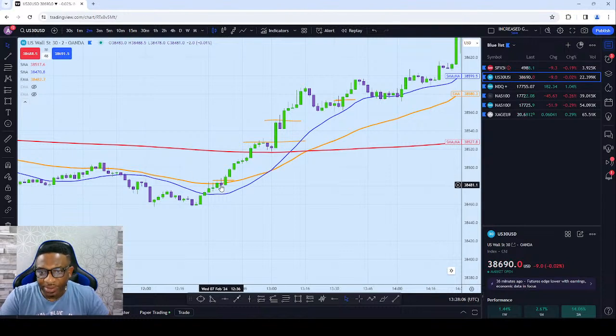When the last purple candle has some wicks, you can just consider the body of the candle, the shaded purple area. The moment price crosses above the high of that body, you can take a trade.